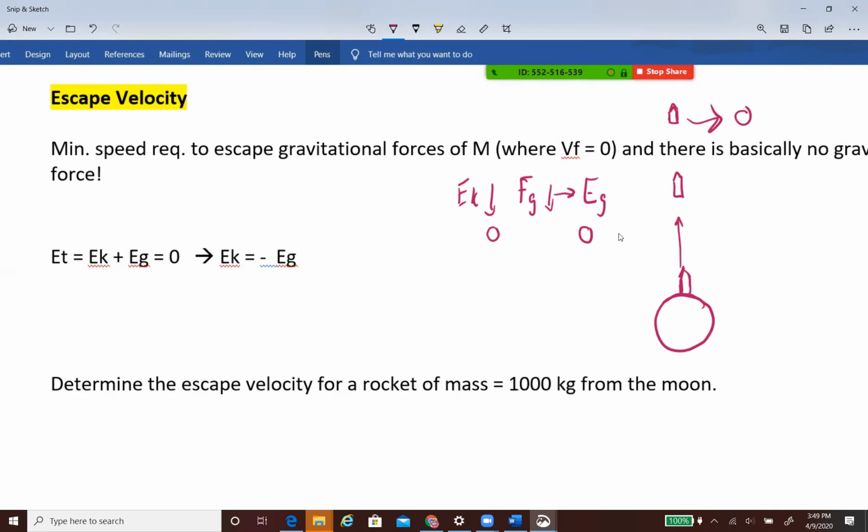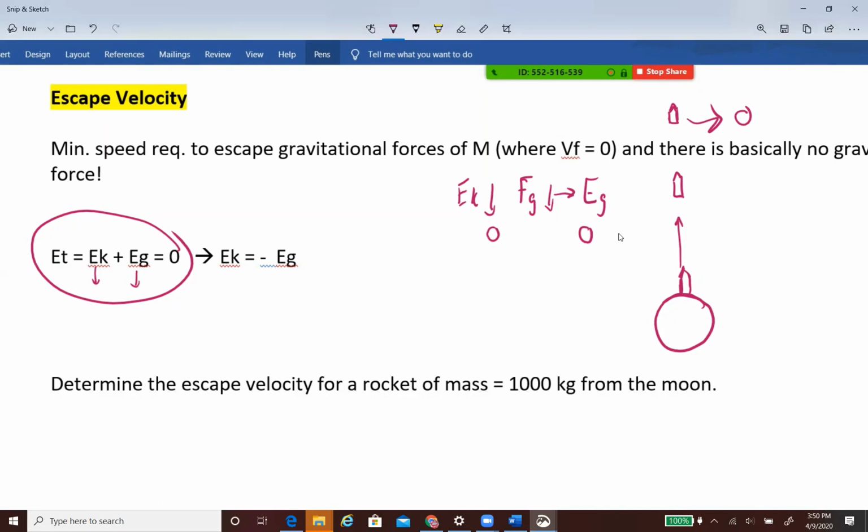So at that point, the total energy is 0. At any point, the total energy of my bullet, or whatever I'm shooting, is the sum of the kinetic energy and the gravitational potential energy. As the bullet moves away, they both decrease, and at some point they'll both get to 0.